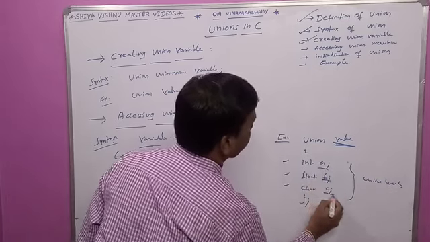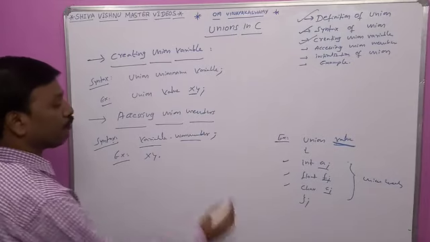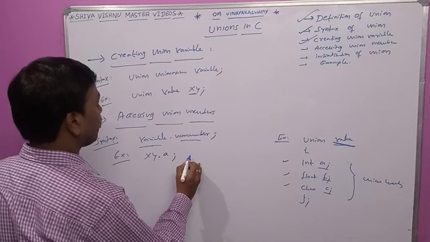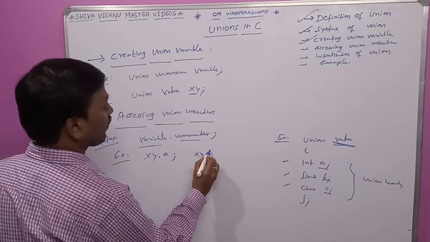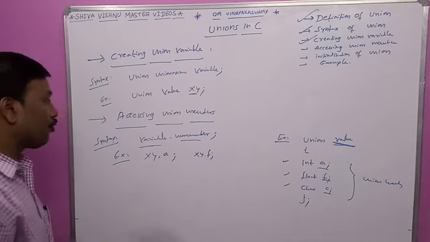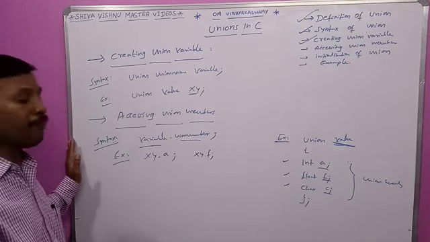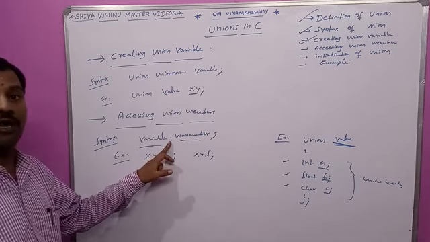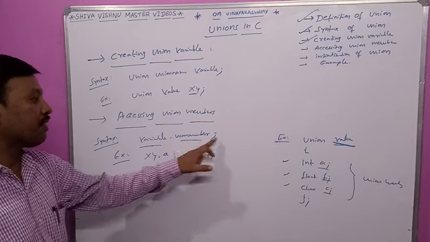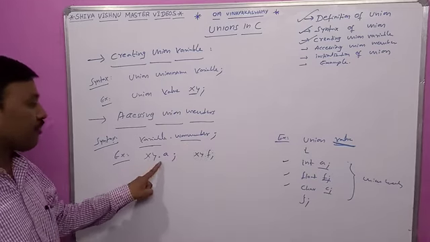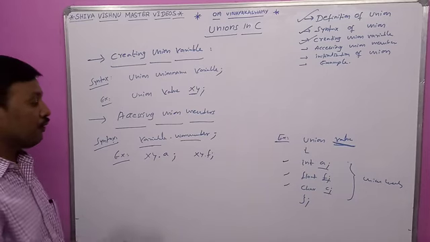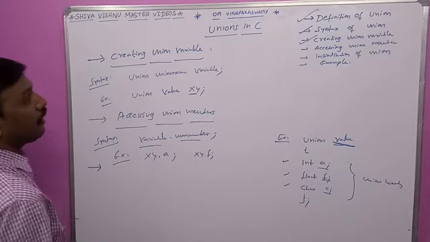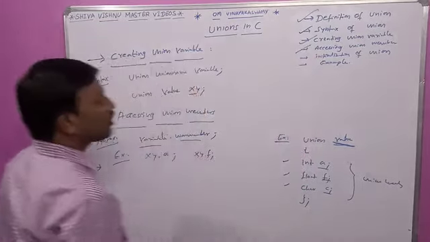You can also write xy dot f. If you want to access union members, follow this syntax: variable dot union member semicolon. For example, xy dot a semicolon. This is accessing a union member.